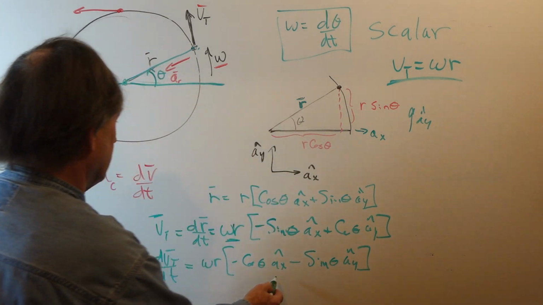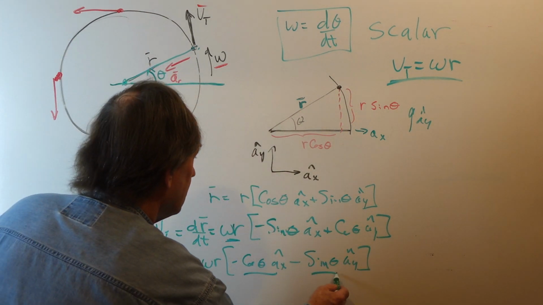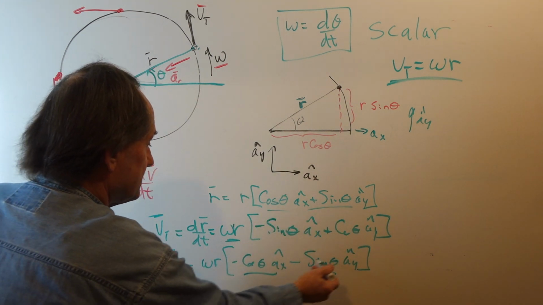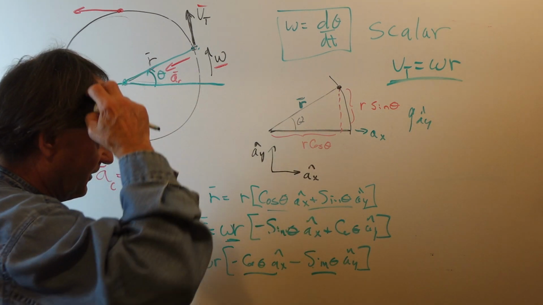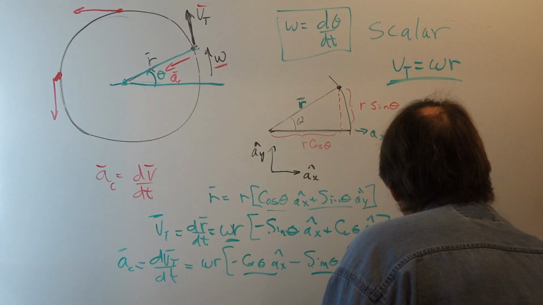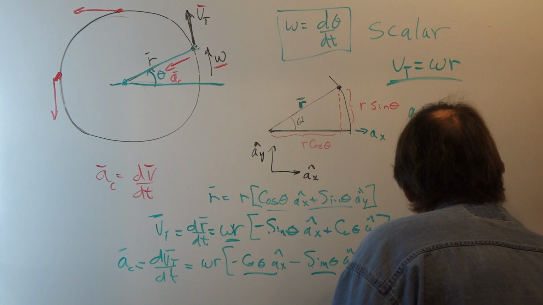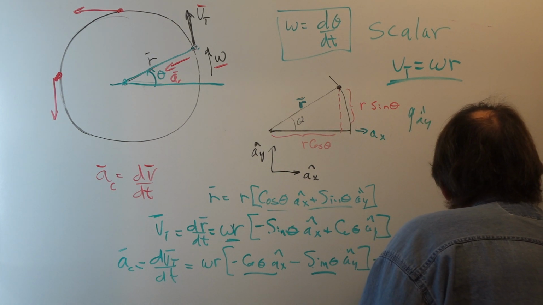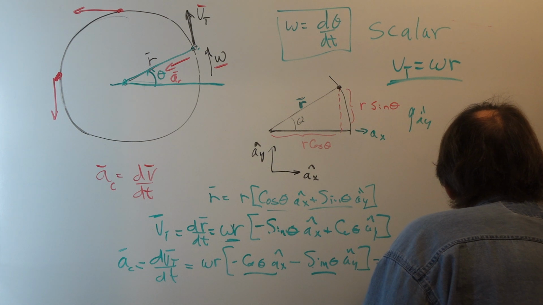Well, what is this? Compared to this, it is just minus. This is the opposite direction of the radial vector. We could write this as minus omega r times cosine theta ax plus sine theta ay.